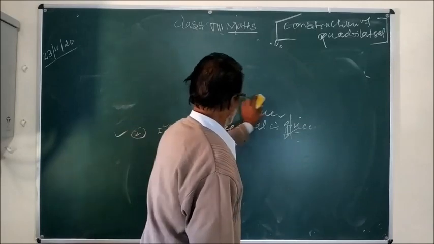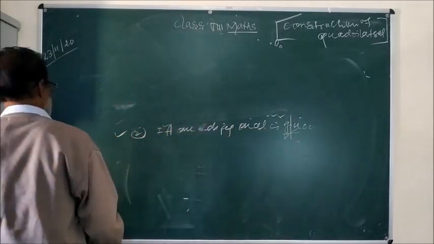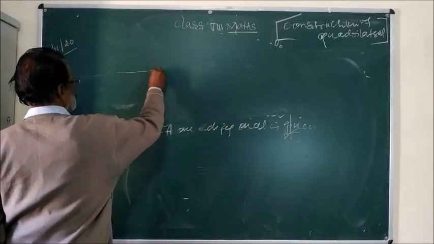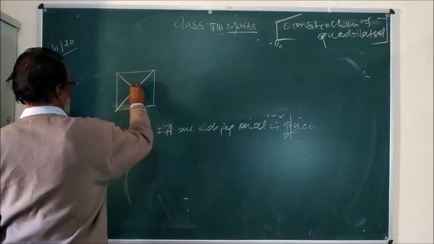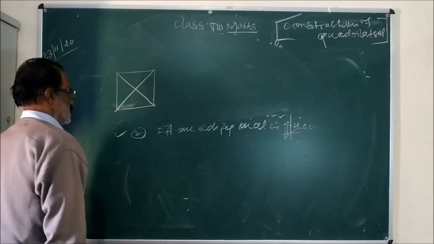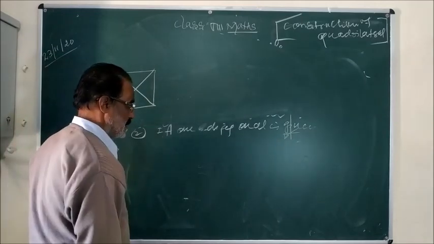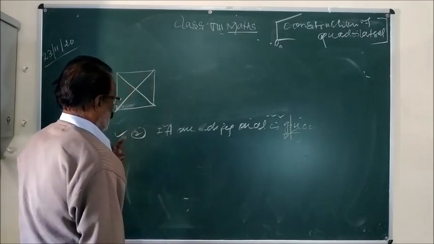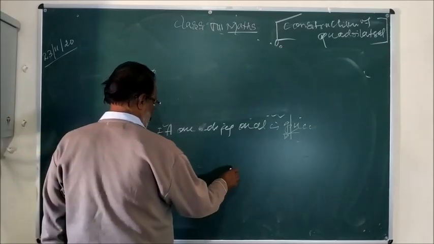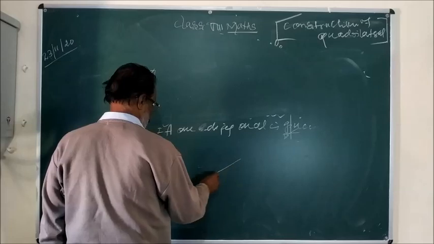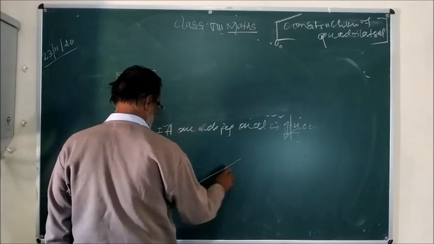Now you see, important. One diagonal is given. See the properties of a square. In a square, diagonals bisect each other perpendicularly. So suppose this diagonal is given, AB.